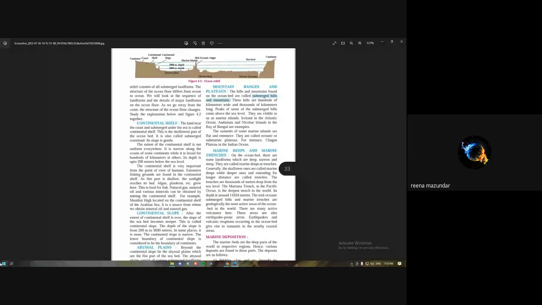Okay. Now some questions I'm going to put. Name the islands formed because of this oceanic structure. Name the oceanic islands. Name two islands; they are mentioned in the passage. Put it in the chat box.